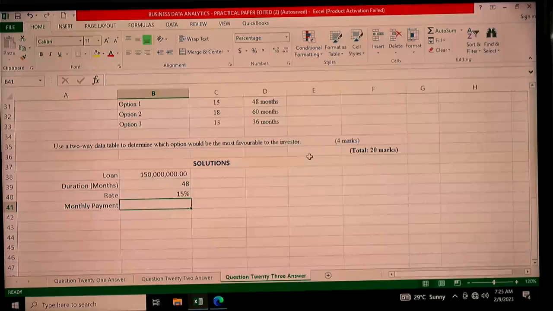So I'm sharing the worksheet. Just a minute. The worksheet here.